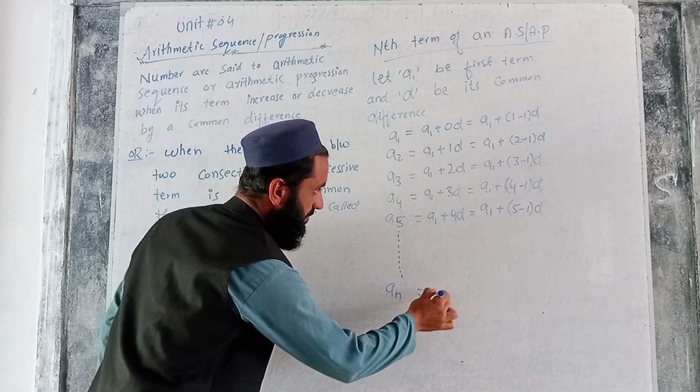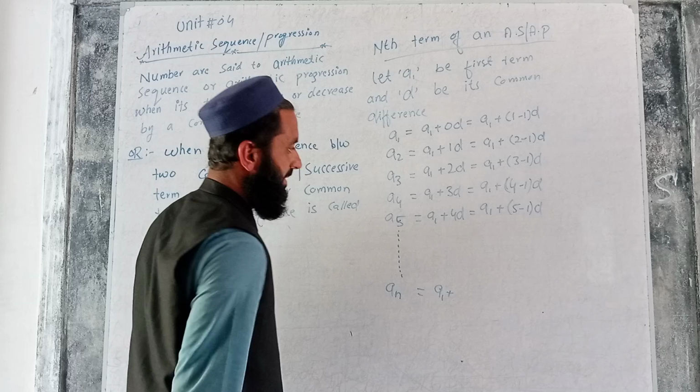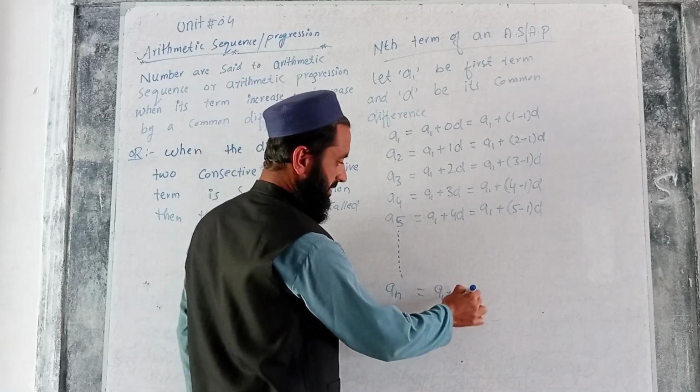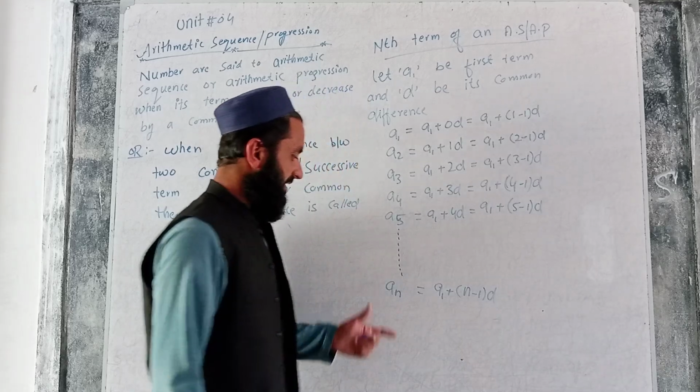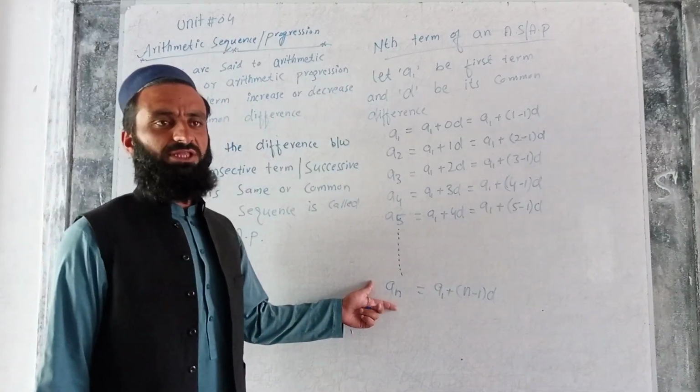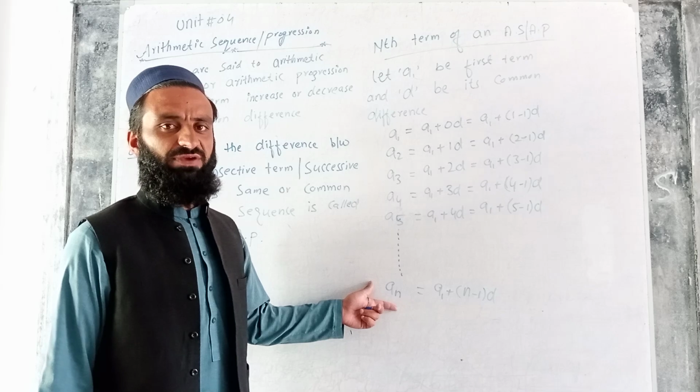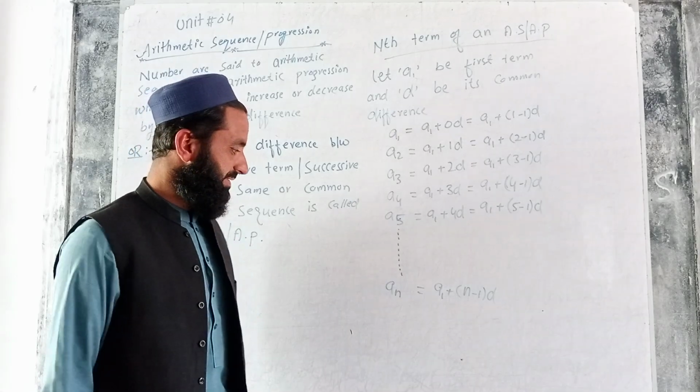An is equal to A1 plus n minus 1 into D, which is the required nth term of an arithmetic sequence or general term of an arithmetic sequence.